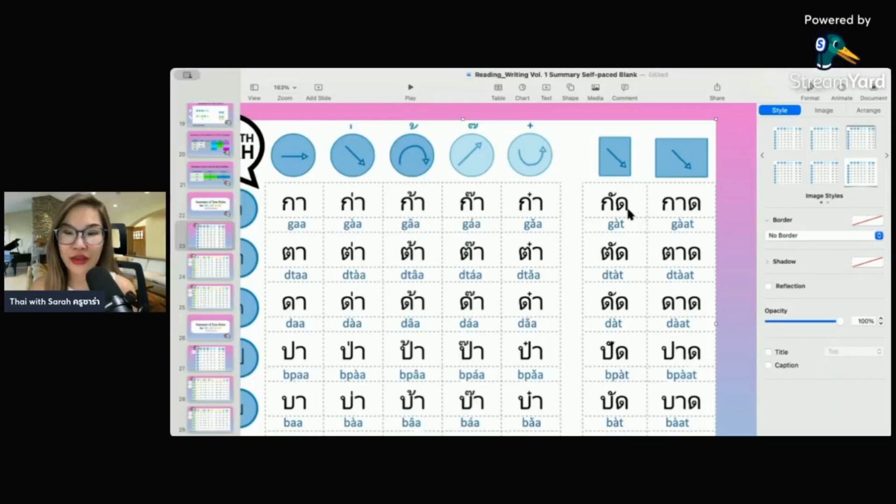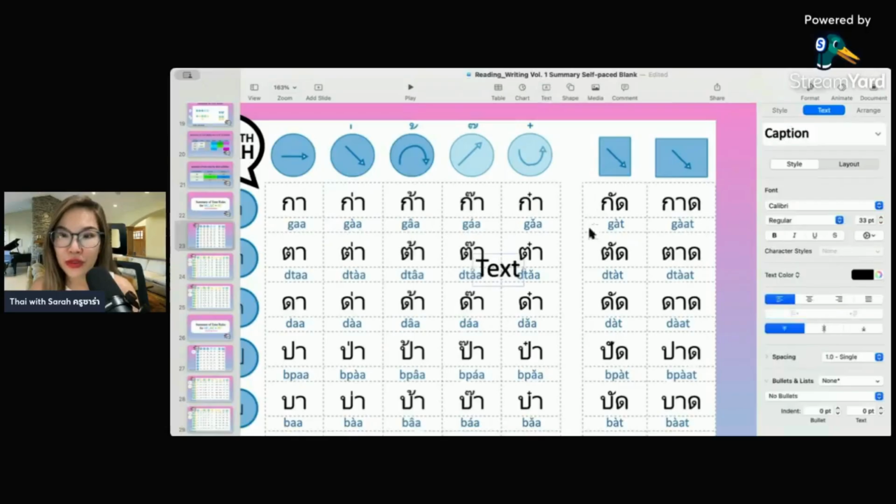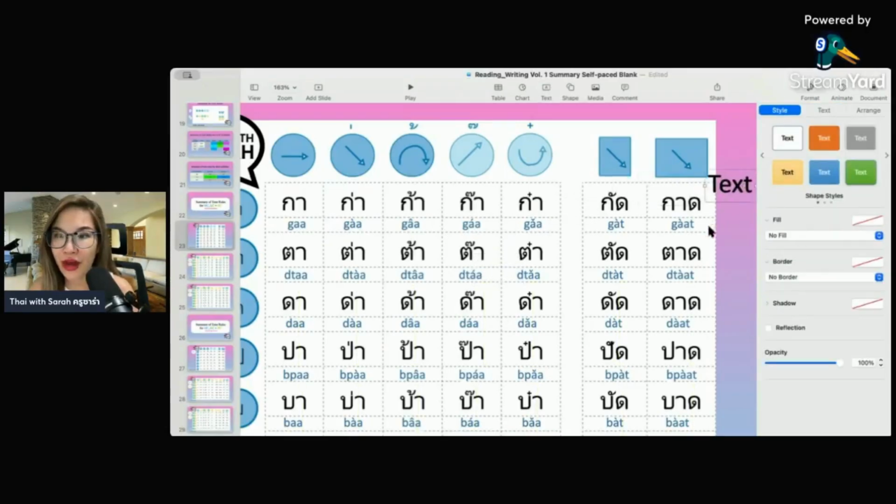The reason is that it's going to be the same tone rules. If you put Mai Ek here, it will be falling, got. If you put Mai Tri, it will be got, which is high tone. If you put Mai Jattawa, it will be gut, the same rising tone. So you don't have to remember all the possibilities of dead syllables. You can just refer to the same tone rules as live syllables. Easy. The only tone rule you need to know for dead syllables is the one without tone marks.